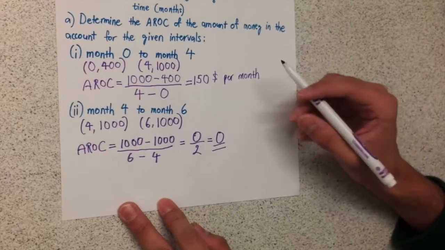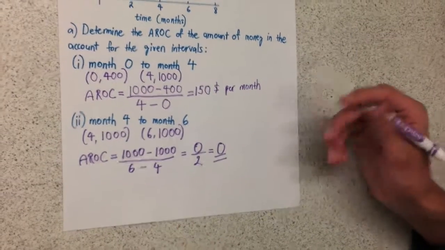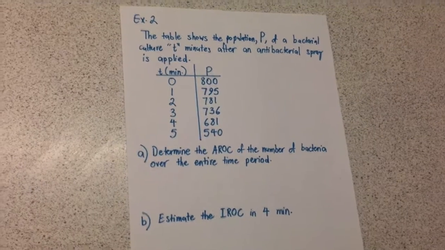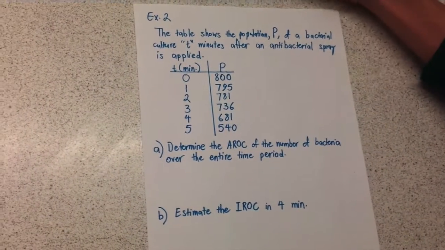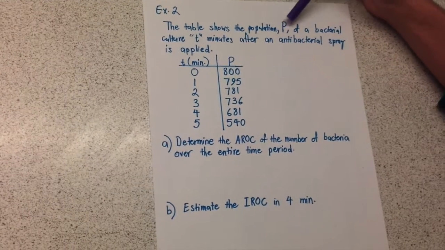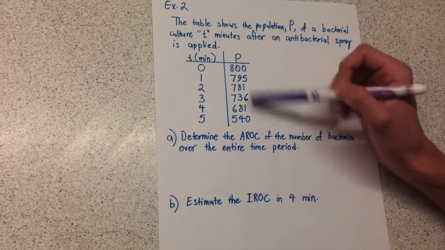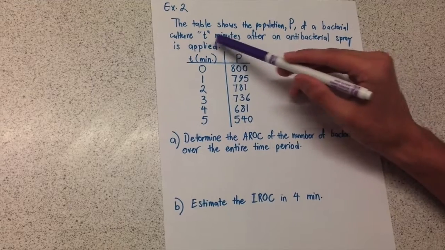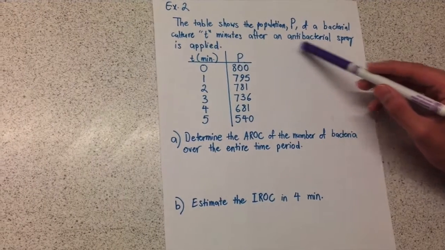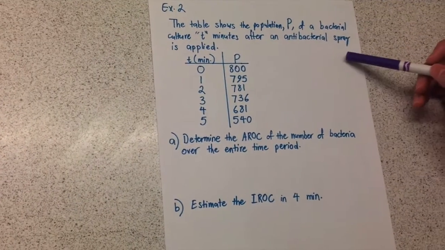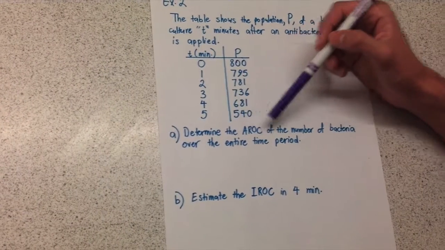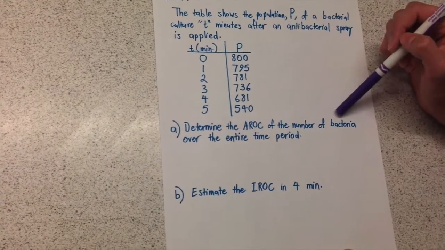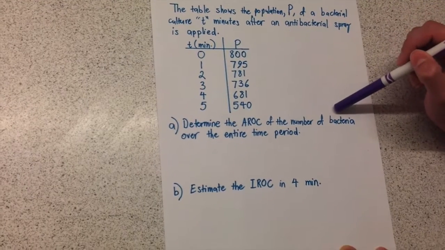Alright, now let's take a look at example 2. The table shows the population P of a bacterial culture T minutes after an antibacterial spray is applied. Determine the AROC of the number of bacteria over the entire time period.